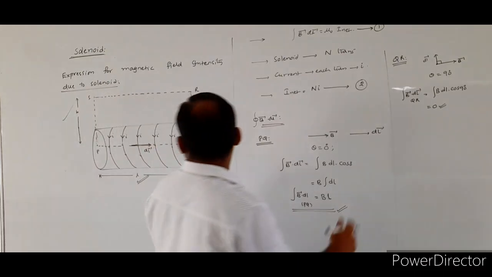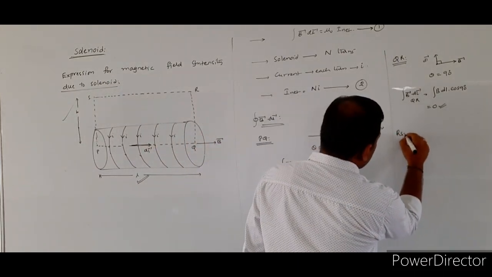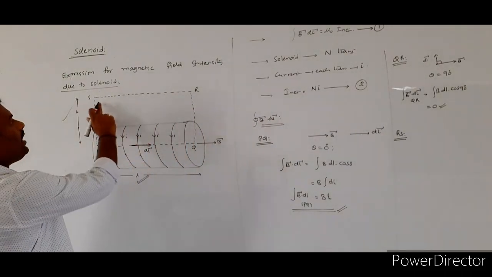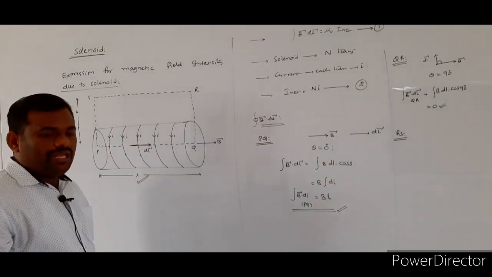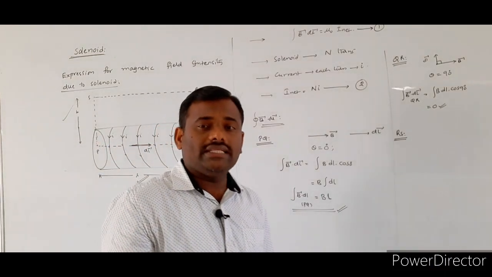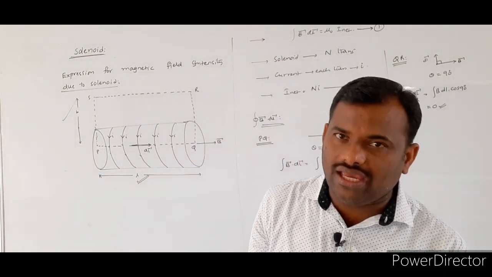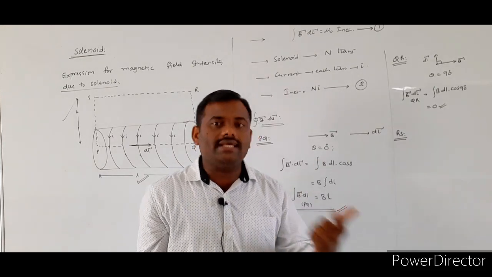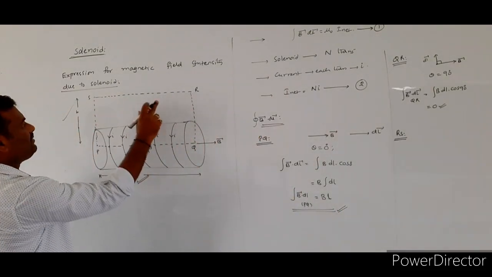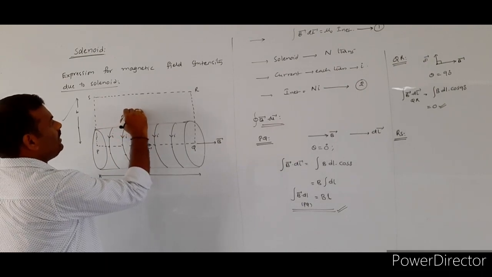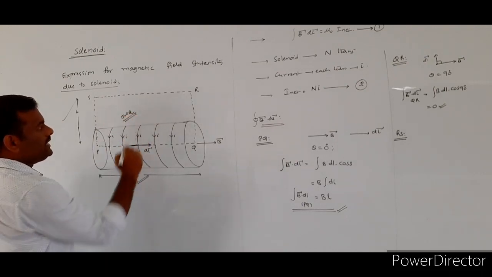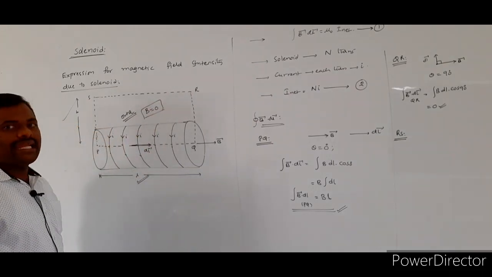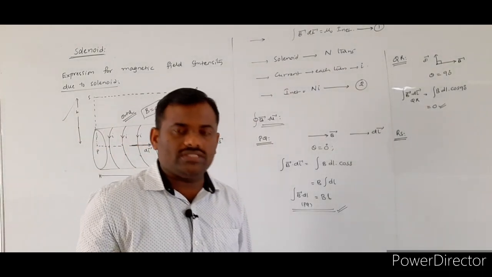Next portion is RS. This RS portion is present whether inside the solenoid or outside the solenoid? If you look at the diagram clearly, this is the outer region of the solenoid. In the outer region of the solenoid, we already discussed that the magnetic field intensity is equal to 0.